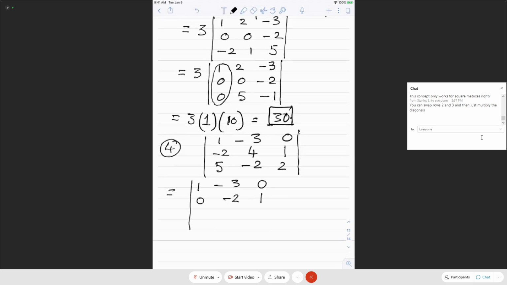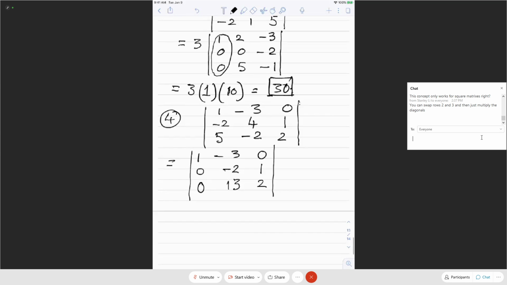Then multiply the first row by minus 5, add it to the third row. 15 minus 2. Now your game is over because I'm now going to expand along this column. And that remains.